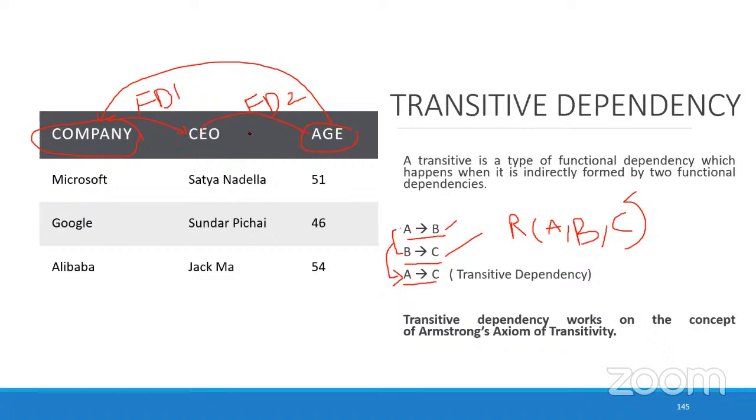From these two functional dependencies, we can determine age through the attribute company. If you find this type of transitive dependency, you can avoid it, and then we can say the relation is in third normal form.